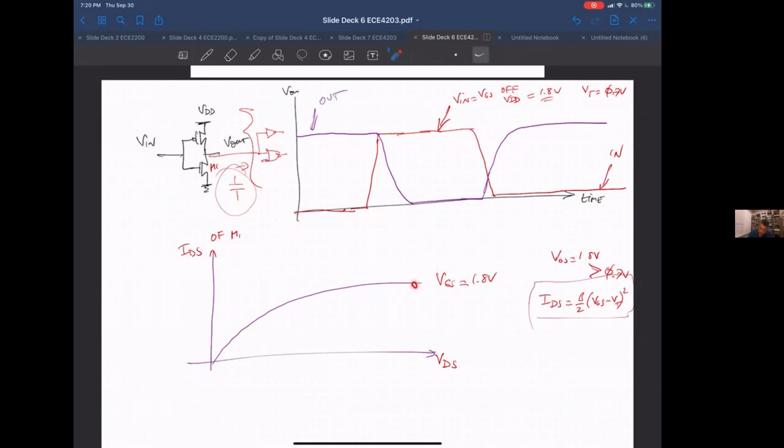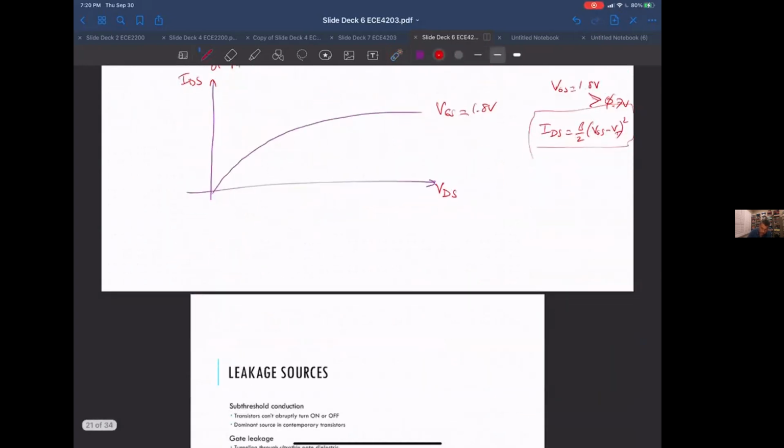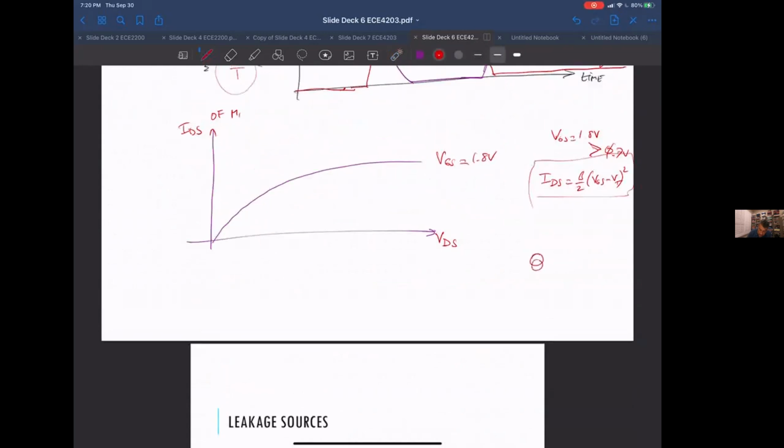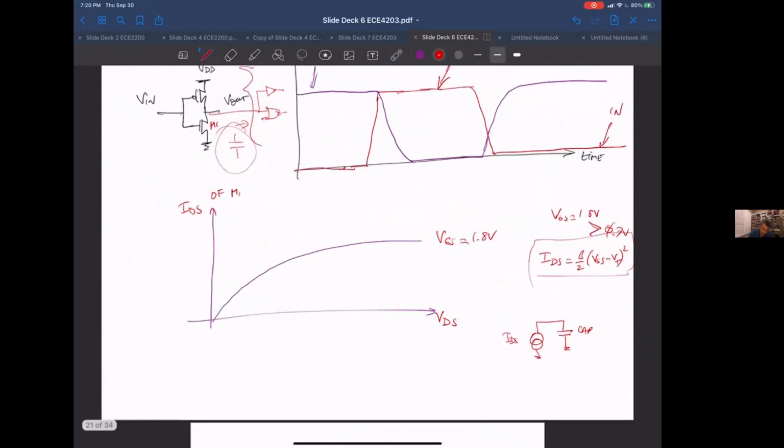With that IDS value, it's going to discharge this node to ground, pumping current. Initially it looks like a current source discharging a capacitor with a certain IDS. This capacitor is all of this load. And this is going to reduce the voltage on this node.